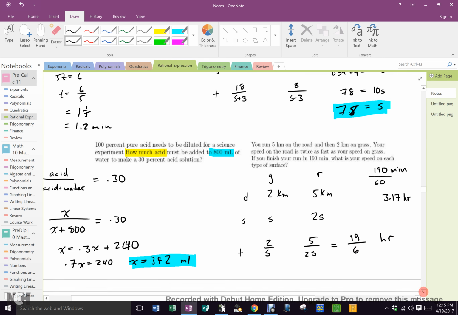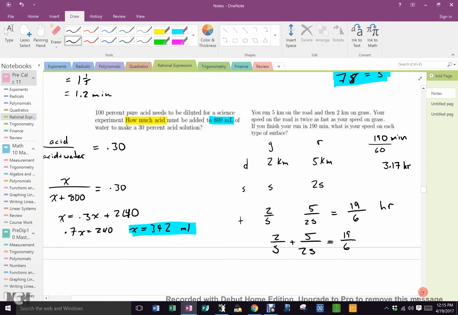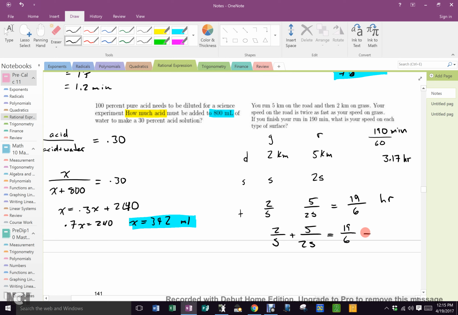Hours. So now I've got kilometers and hours, right? So now all I got to do is add this up. 2 over s plus 5 over 2s has to equal 19 over 6. My common denominator is 6s. So this has the s, so it needs 6, 12.